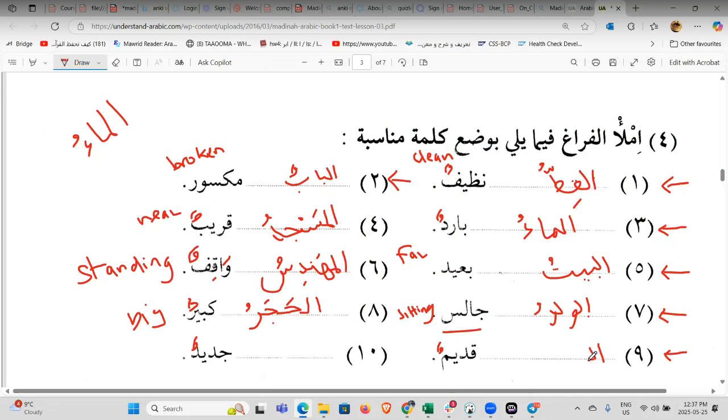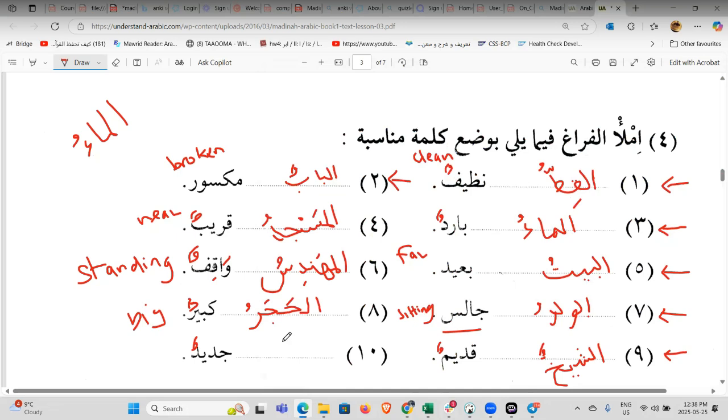Although we usually don't use qadim with people. We usually use it for things like, say, the moon is old. But it's fine for our purpose.